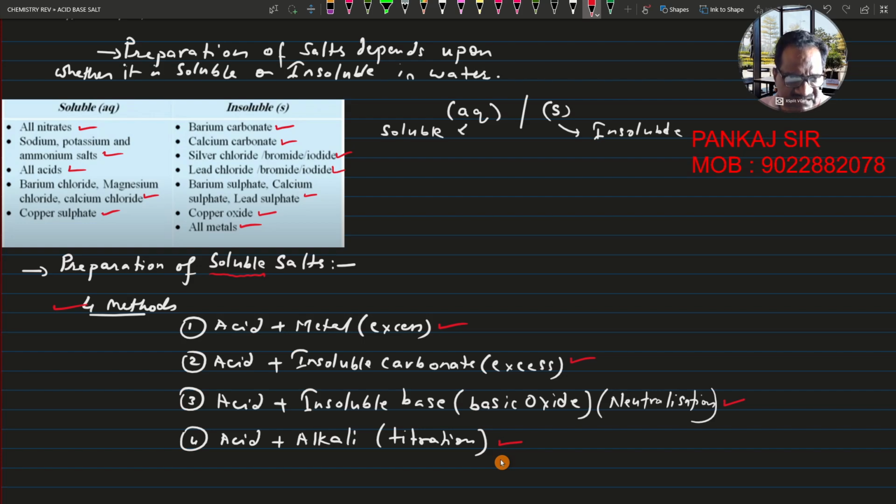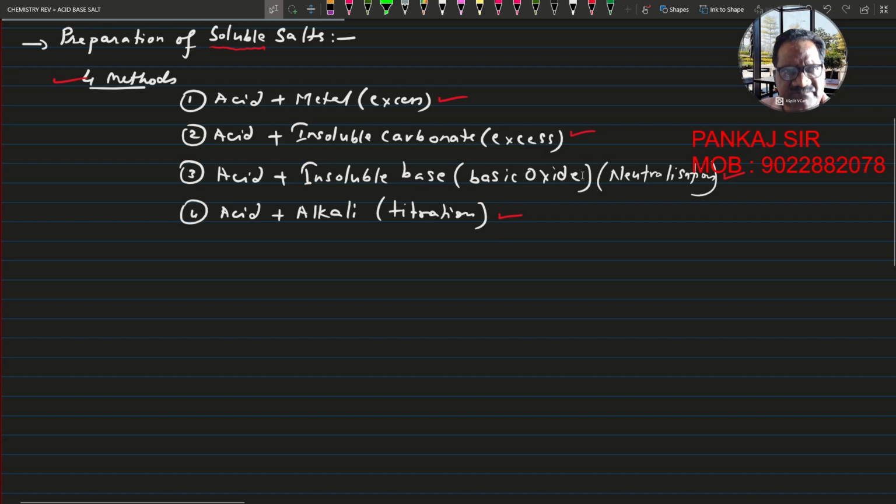Now I'm going to discuss these four methods in detail, taking one example of each method to explain how it works. Starting with the first method, that is reacting acid with a metal.